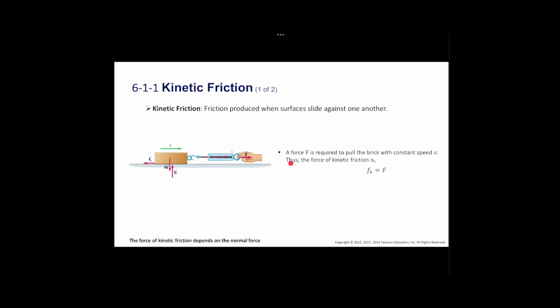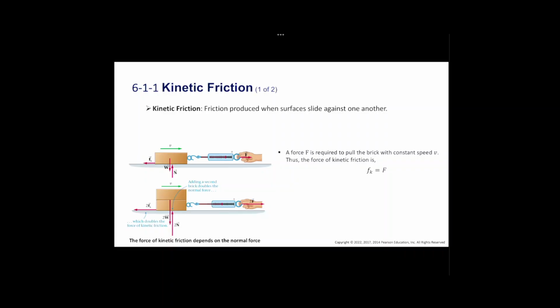Therefore, the force indicated on the scale, F, has the same magnitude as the force of kinetic friction, which we call Fk. K represents kinetic and F is friction. Now, if we repeat this experiment, but this time put a second brick on top of the first, we find that the force needed to pull the brick with constant velocity is doubled to 2F.